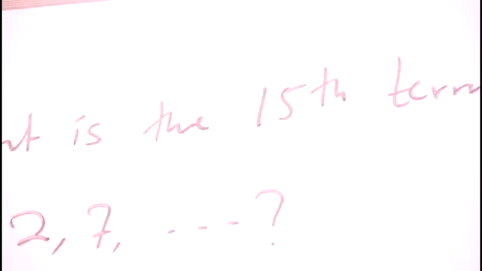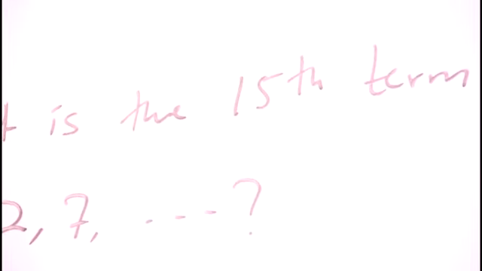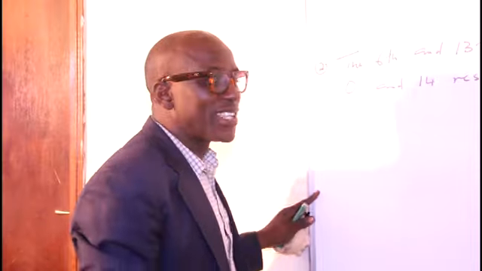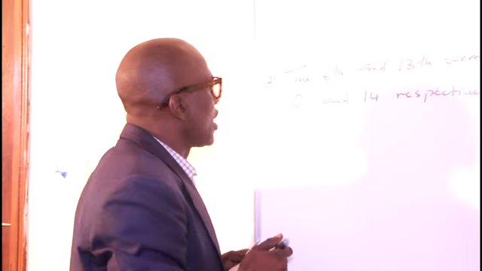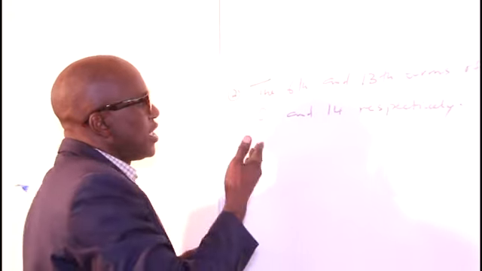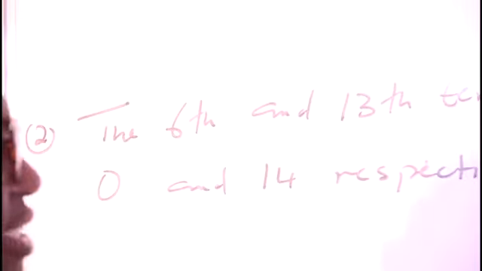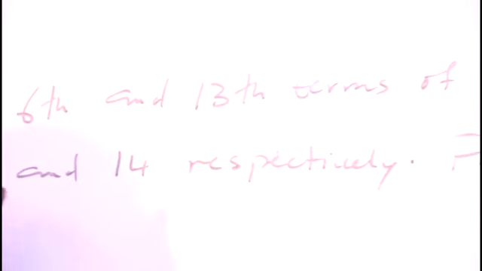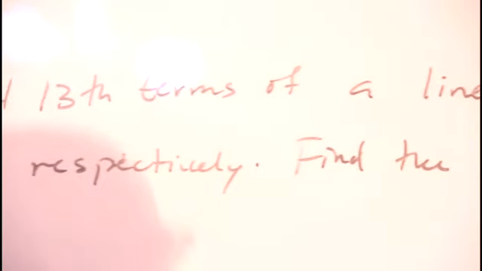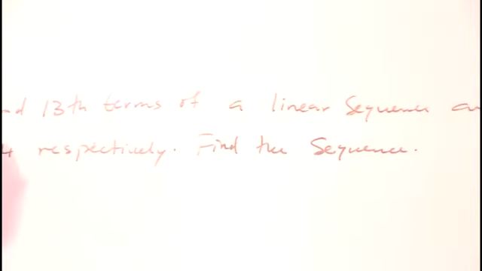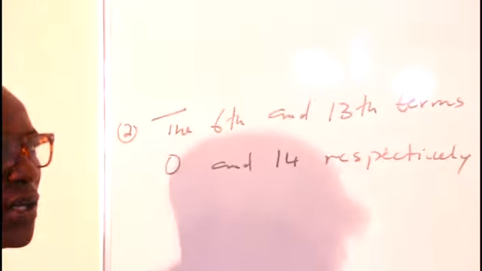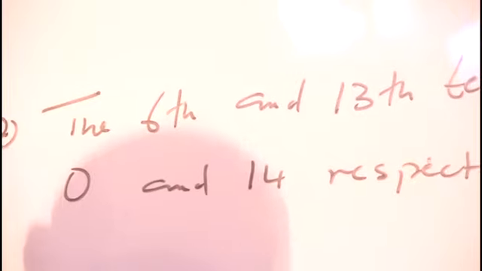We'll go on to the second one. On the second example, we are given, look at the question. The 6th and the 13th terms of a linear sequence are 0 and 14 respectively. Find the sequence. So, a linear sequence is also called an arithmetic progression.